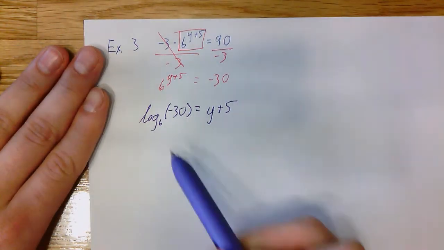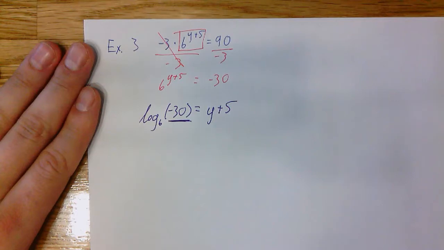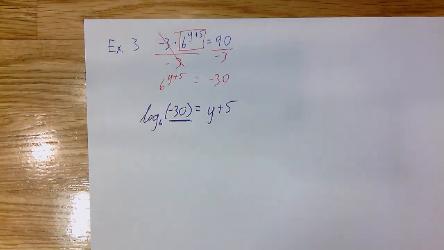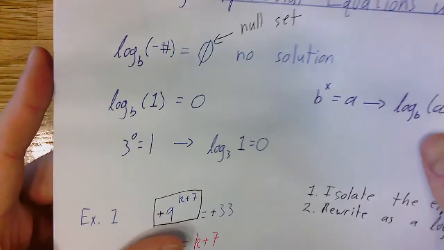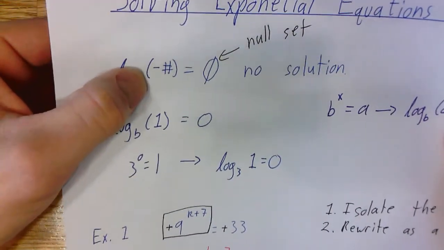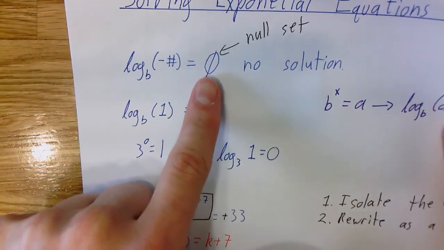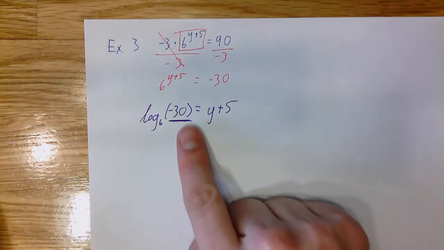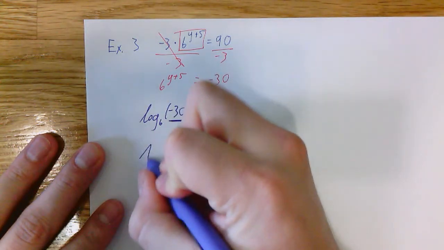Okay, awesome. Now we look, oh look, our argument is negative. Then we think way back to about 9 minutes ago when Mr. Barton told us if the argument of our log is negative, there is no solution. The argument of our log is negative here, so there is no solution.